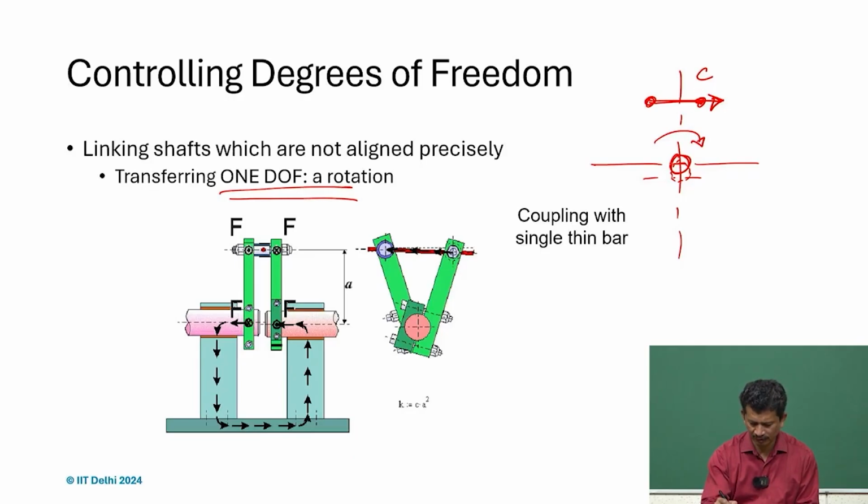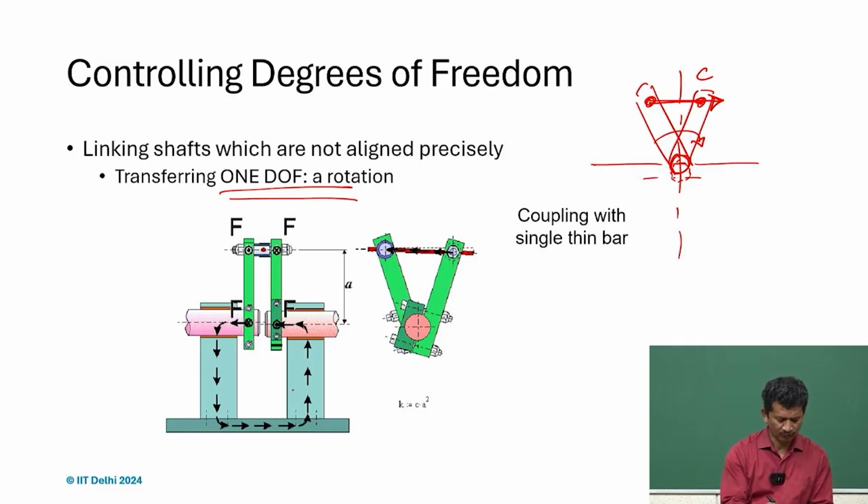So, we can extend one arm and connect to one member, and another one connect to the other side, and we can just use a pin, connect it, and it is more than sufficient. And that is what we see here. So, one flange, and 1 and 2.